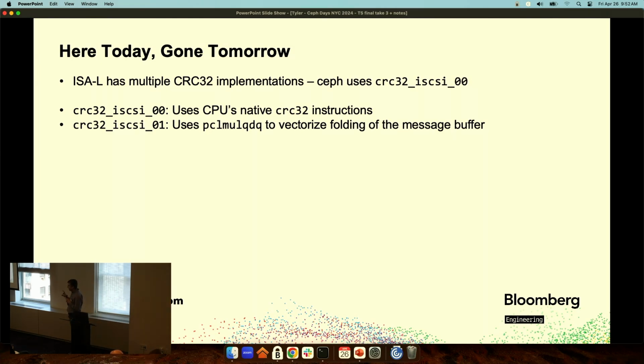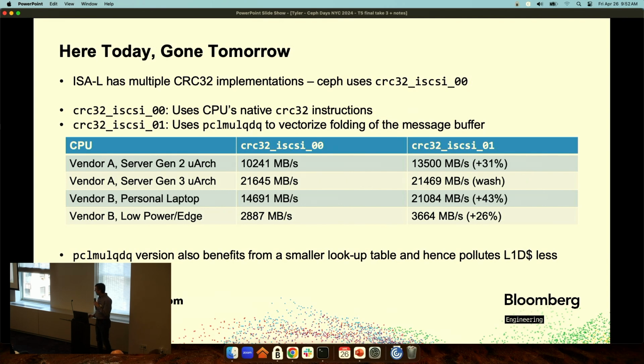It basically does some vectorized folding of the message buffer. And so I ran some micro benchmarks to see, is there just a faster CRC function hiding about? And it turns out, definitely yes. It's 25 to 40% faster just by changing 00 to 01. You do have to have the CPU support.